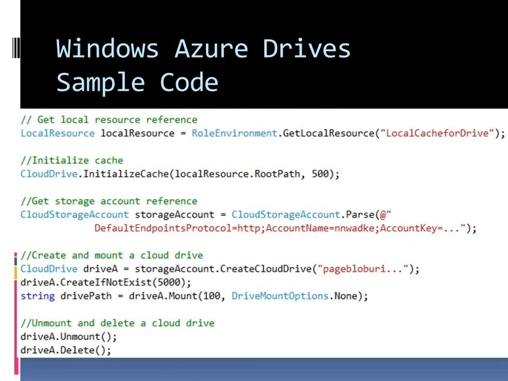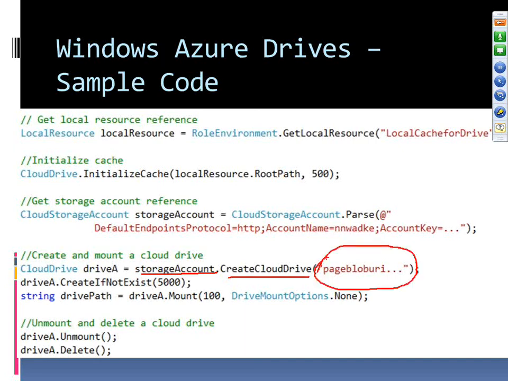So if you see the way it looks, the important points to highlight here are: from a storage account, you go ahead and create a Cloud Drive, and the Cloud Drive will point to some URI which is for your page blob, and then you create a drive if it does not exist. Here I am specifying that the drive should be of 5000 MB, and then once the drive is created, I am mounting the drive.